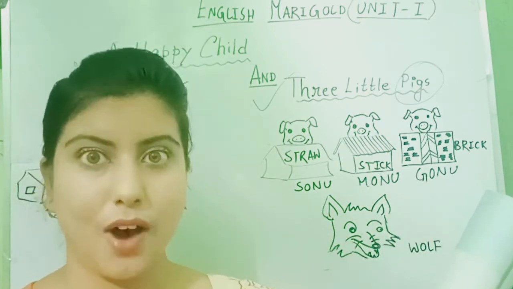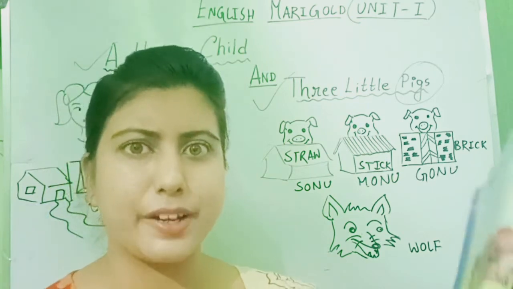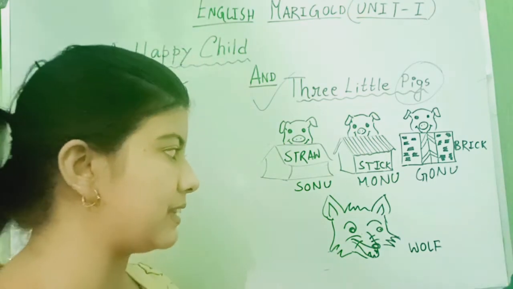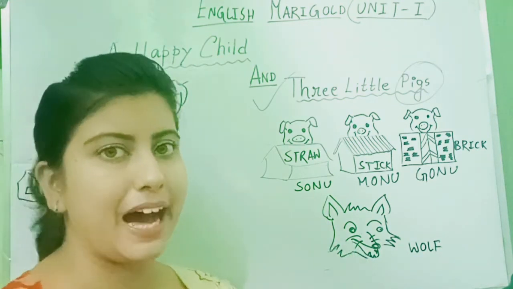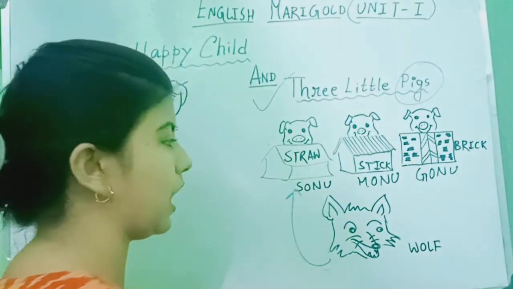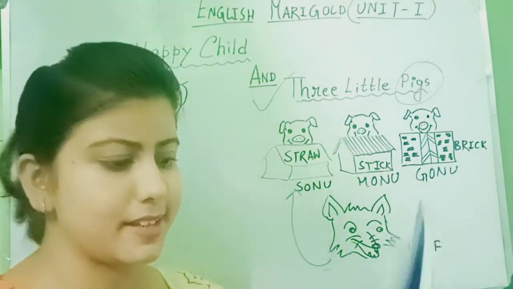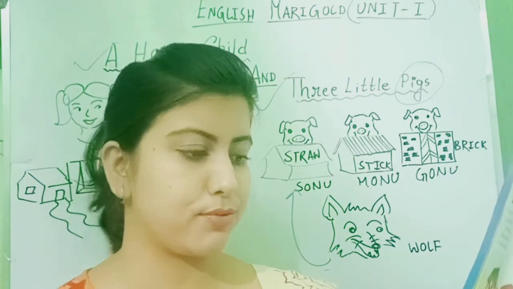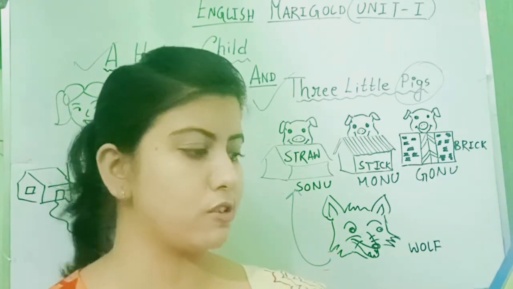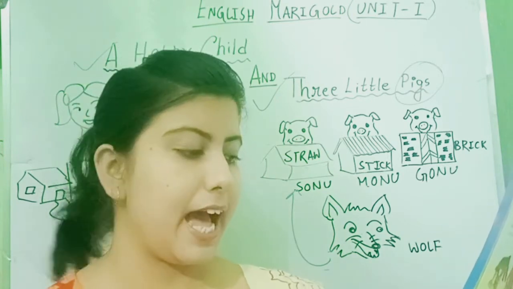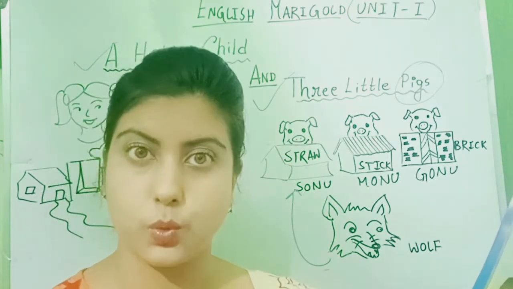Now, one day a big bad wolf came to Sonu's house. Now you can see that here is the big bad wolf. What did he say? He said, I will huff and puff and I will blow your house down. So he huffed and he puffed and he blew the house down.